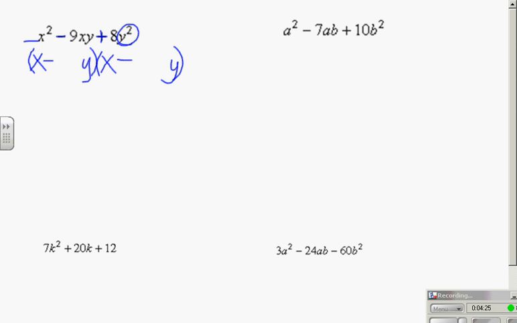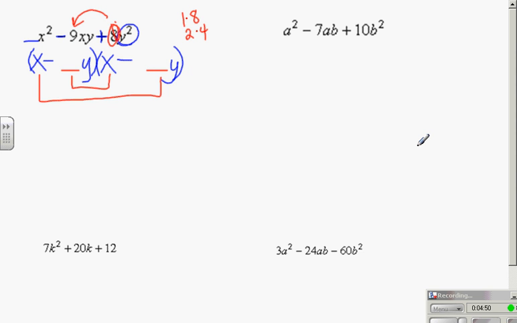I have minus plus, which means minus, minus, and I have the factors of 8 that are somehow going to make 9. So I'm going to list them, 1 and 8, 2 and 4. Now those two factors have to go right there by the y, and they have to go there in such a way that when I multiply them times x, I get negative 9.